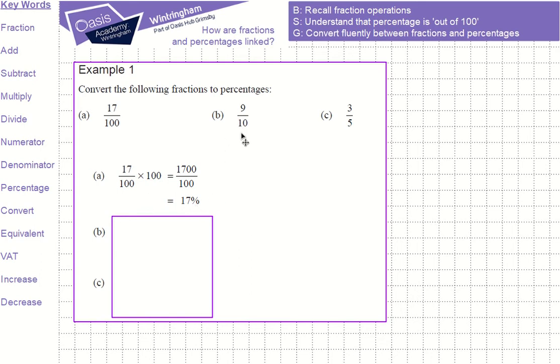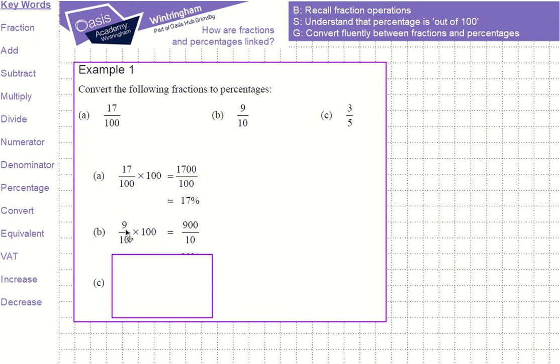Part B, 9 over 10. Write down the question, 9 over 10, and let's have a look at our working out to convert this to a percentage. So again, our method to convert from a fraction to percentage is to multiply by 100.